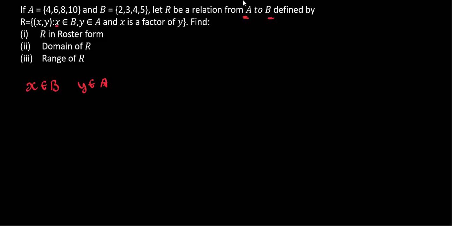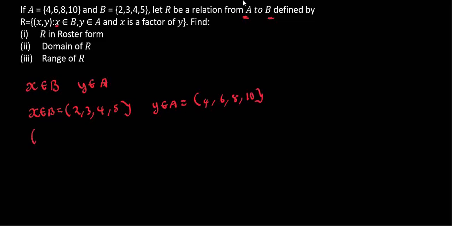So this means that since X is a member of B, what are the B values? 2, 3, 4, then 5. Like that, right? And since Y is a member of A, what are the A values? 4, 6, then 8, then 10. Like that.